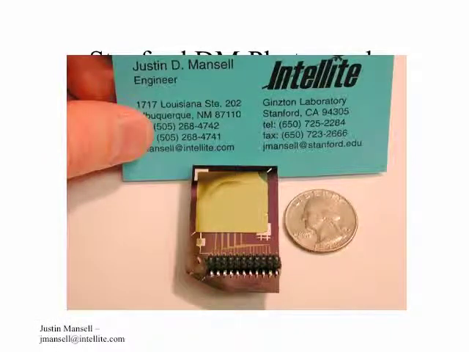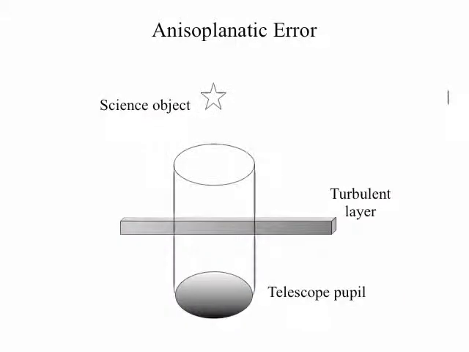Now, how do we correct for it? We can correct for it by putting little actuators underneath the mirror at the bottom of that telescope to distort the mirror slightly in a fashion that compensates for the wavefront aberrations that are induced by the atmosphere. And of course, turbulence is not something that's fixed, it's something that's changing.